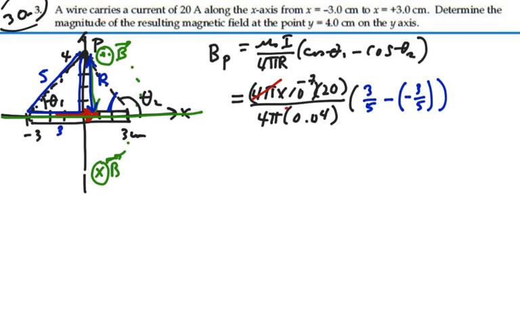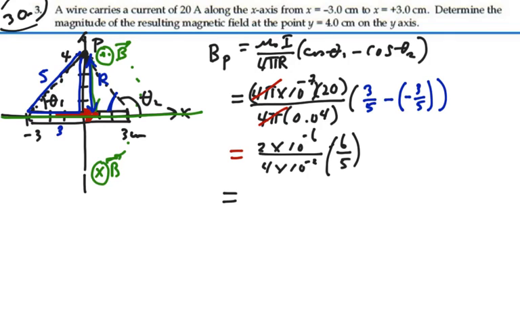Now the 4 pi's cancel. And we have 2 times 10 to the minus 6 over 4 times 10 to the minus 2. 3/5 minus a negative 3/5 is a positive 6/5.